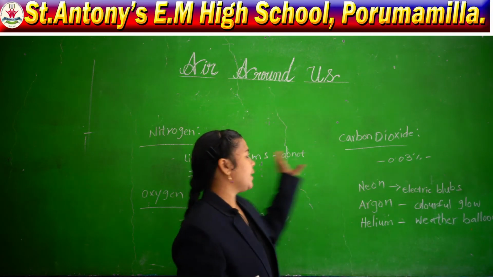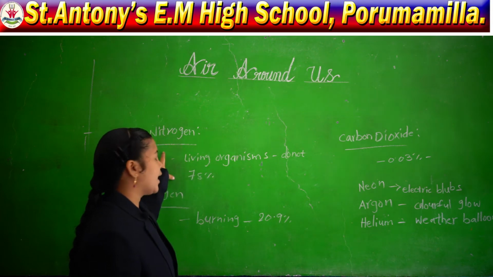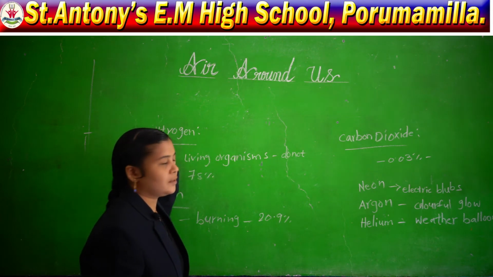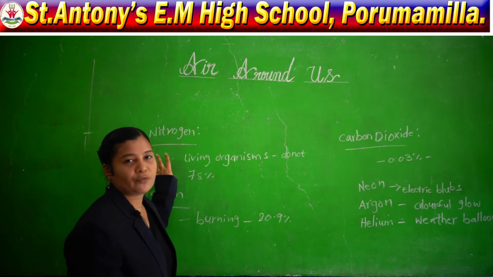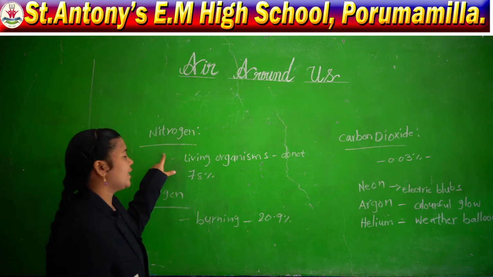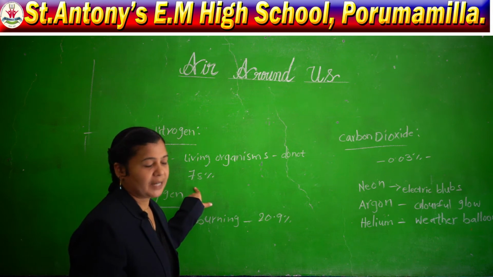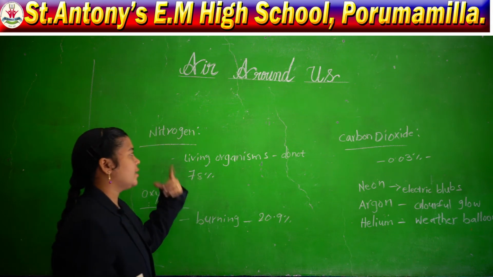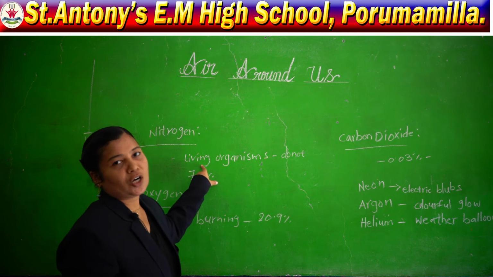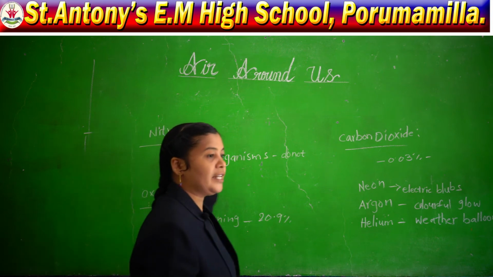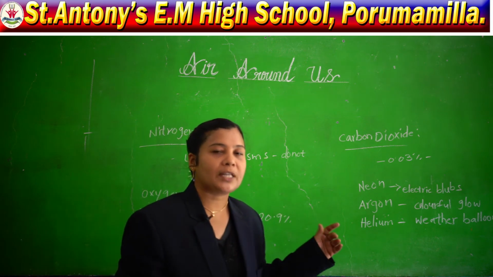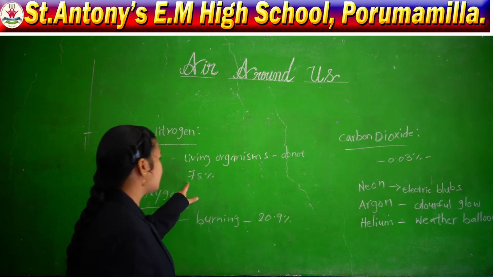So see, in this air 100% of gases are located, right? The air is made up of several gases. Nitrogen occupies 78% of the air, and living organisms do not use it, and it helps control burning.